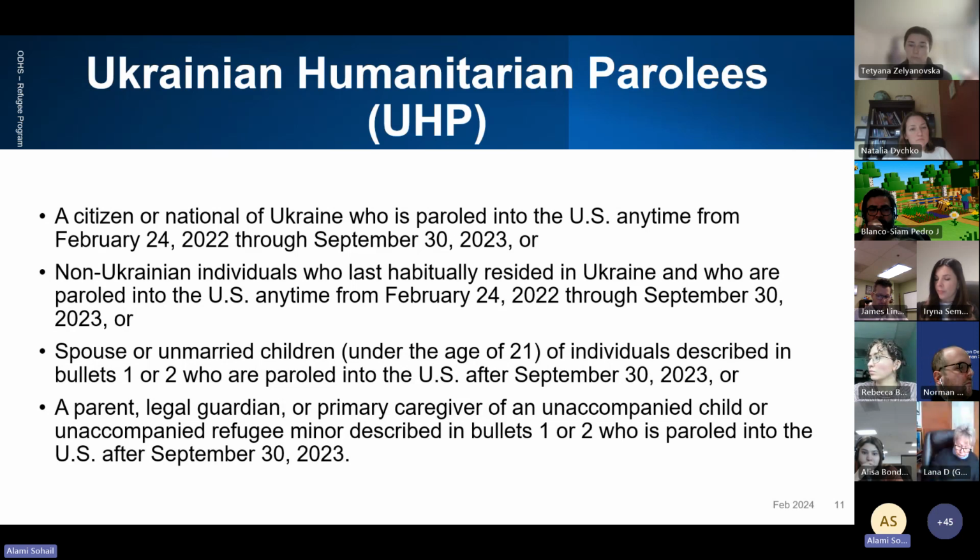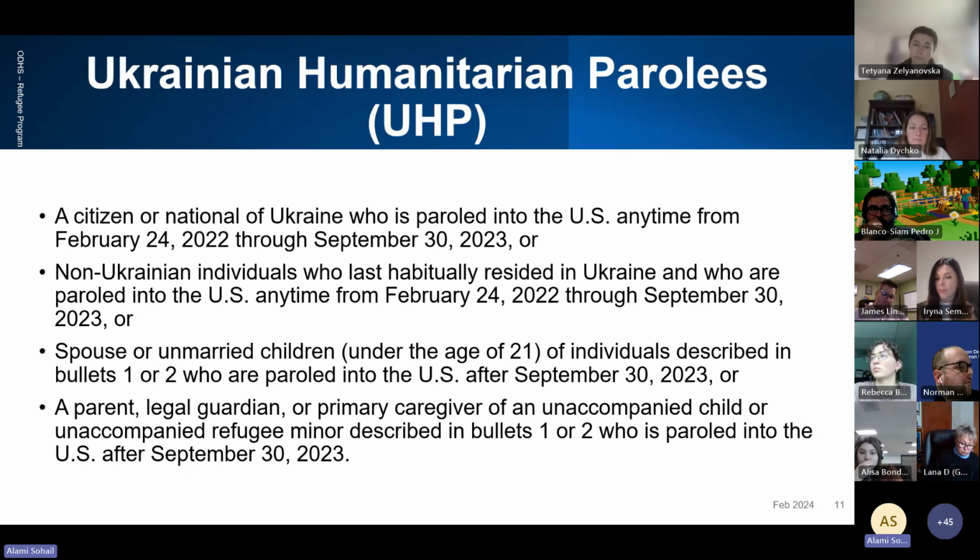But if they don't have those codes, then they have to present documents that show that they last habitually resided there, and those documents could be a driver's license or an ID issued by the Ukrainian government that shows that they last resided there before February 24th of 2022.